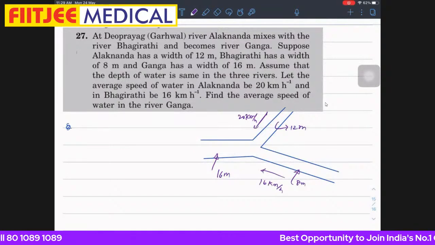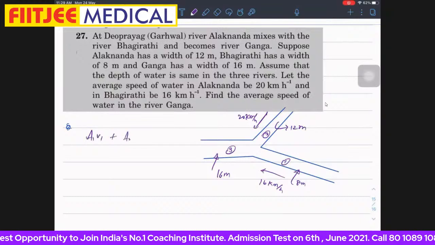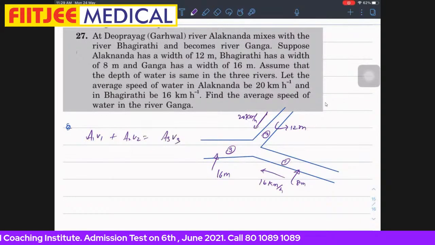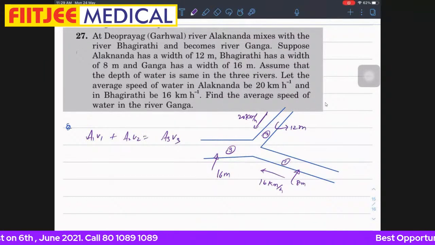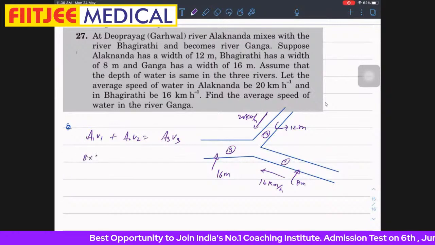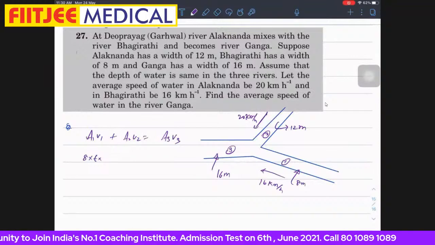So same idea. Suppose I am taking this as 1, this is 2, and this is 3. Equation of continuity. So what I'll write? A1 V1 plus A2 V2 should be equal to A3 V3. So area will be what? Whatever width into thickness, they have mentioned that depth is same in all the three rivers. So A1 I can write as 8 into T into 16.